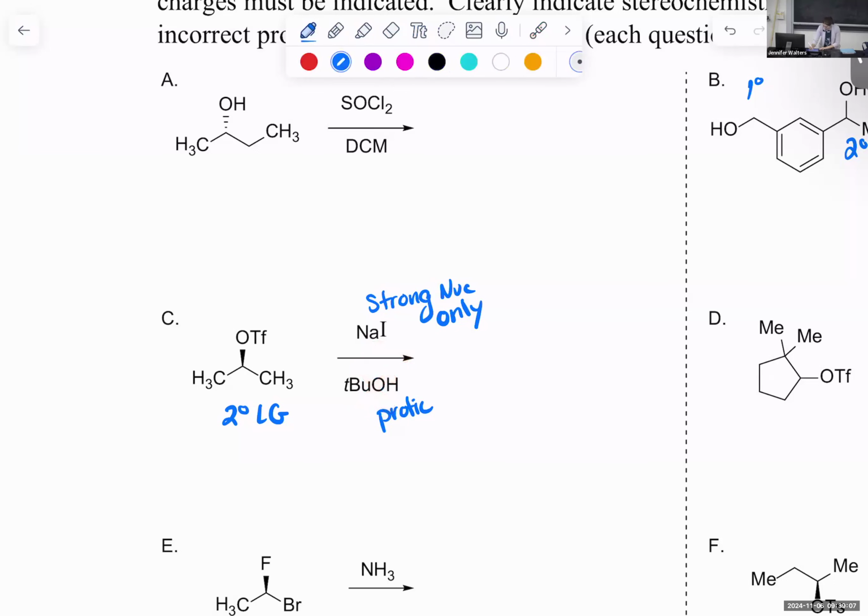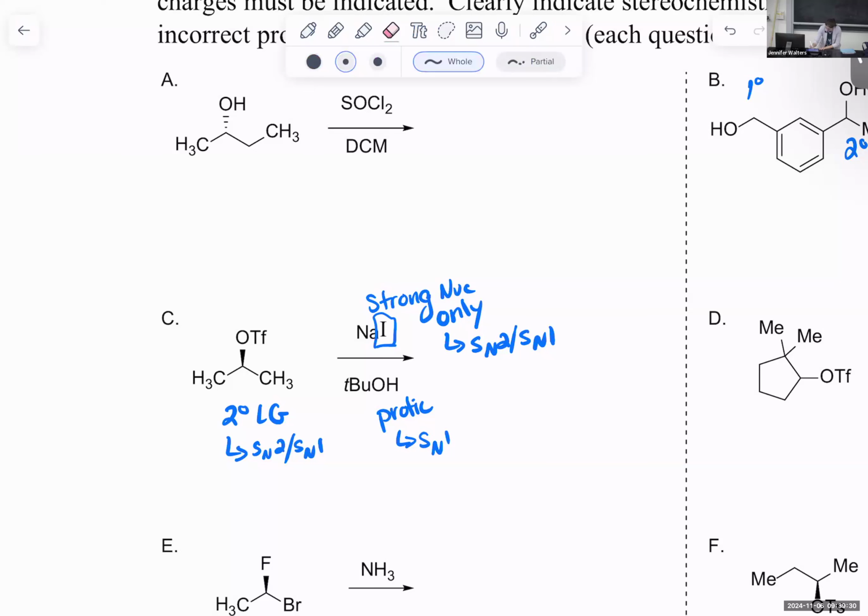So when I do nucleophile only, that tells me SN2 or SN1. Secondary leaving group, still SN2 or SN1. Protic solvent, that's what tells me SN1. So then I need to do an SN1 reaction, and I'm going to have iodine still as my best nucleophile.